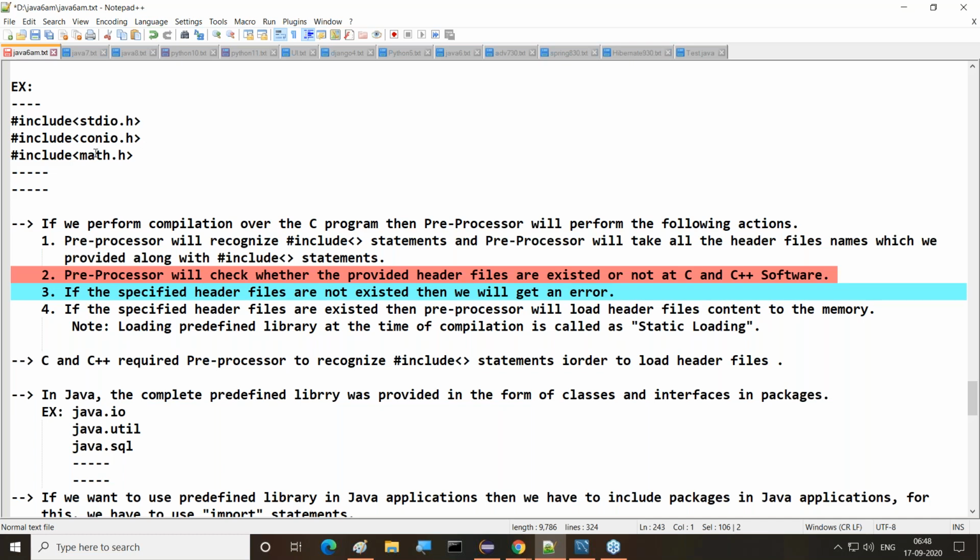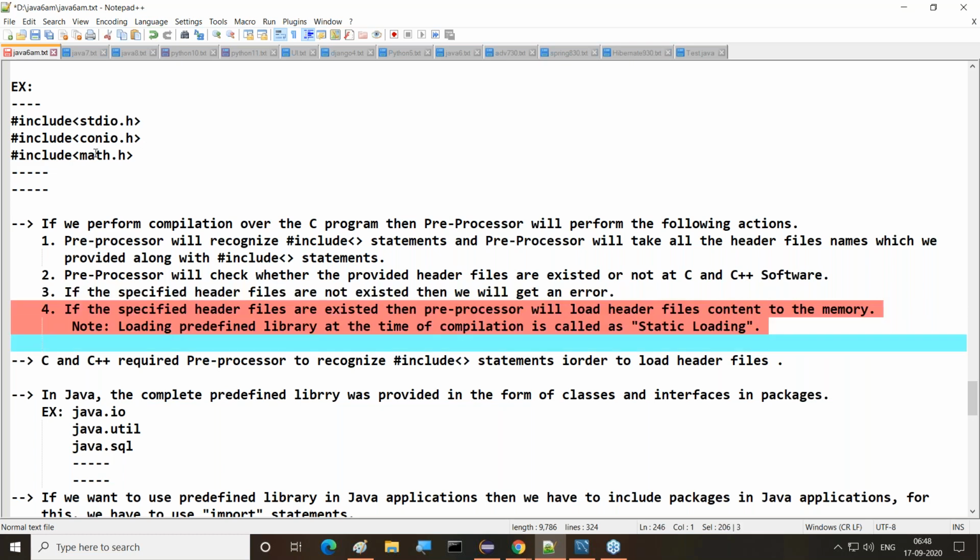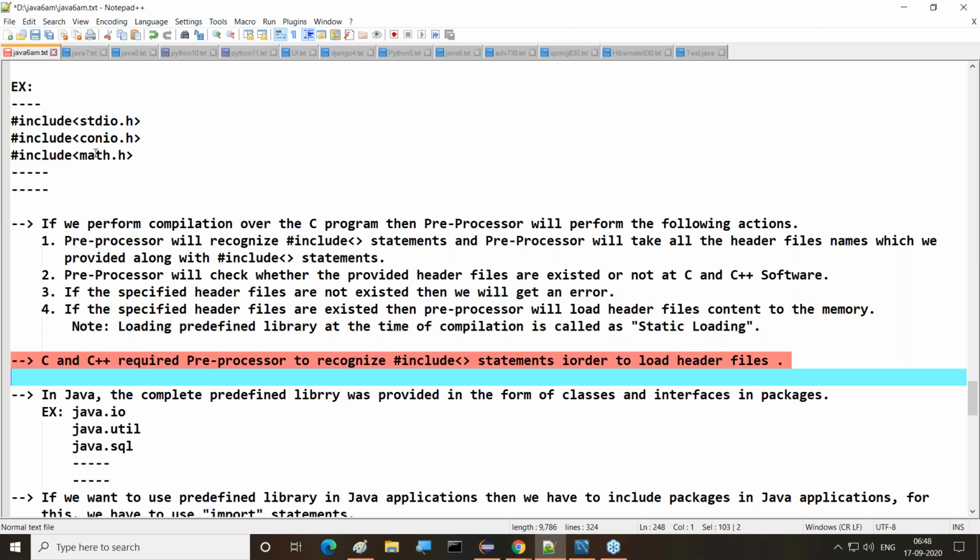Preprocessor will check whether the provided header files exist or not in the C and C++ software. If the specified header files do not exist, then we will get an error. If they exist, then preprocessor will load the header files' content into memory. Loading predefined library at the time of compilation is called static loading. C and C++ require preprocessor to recognize hash include statements in order to load header files.